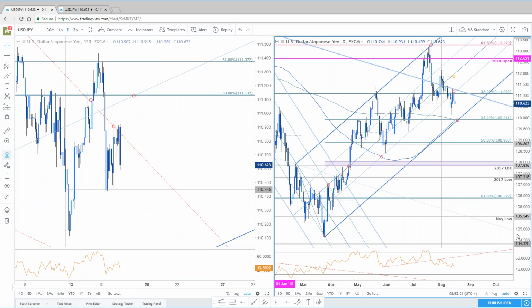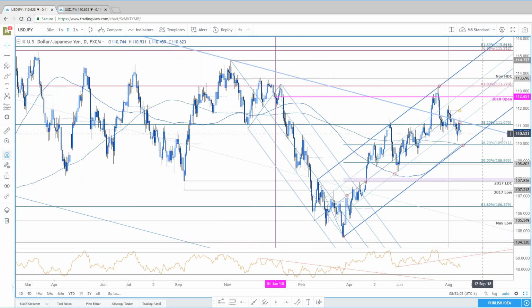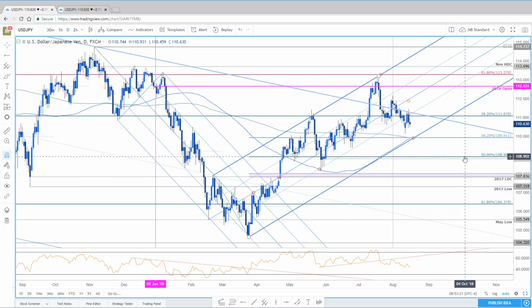Here's what it looks like on the daily chart. We had a really nice reversal day yesterday. Got me really excited for the move lower. And here we are fizzling out again. Look, it's dollar yen. It's going to be a real tight sort of mess here, coil again, probably before it breaks out. Here's 109.91.